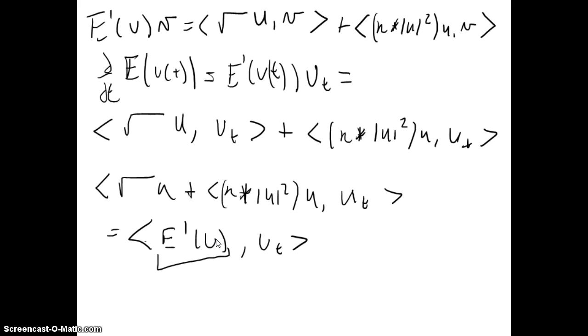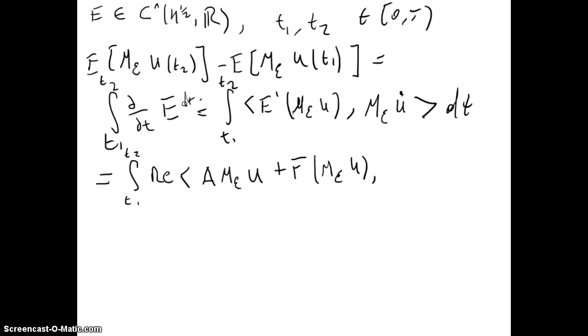Now we have this plus this. And now m epsilon u point, well, u point, we know what it is because of the definition of the Boson Stars equation.